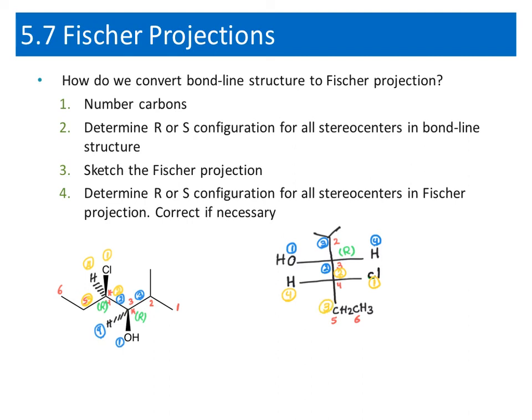So now let's count. This is 1, 2, 3. I am rotating counterclockwise, and hydrogen is in the horizontal line, so I need to flip the configuration. So since I'm rotating counterclockwise, it is S. I need to flip it. This is R. Alright, so now both of these have the same configuration on carbon 3 and carbon 4, so these two structures match.